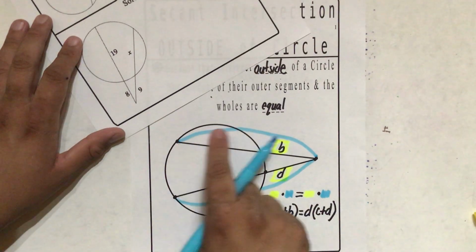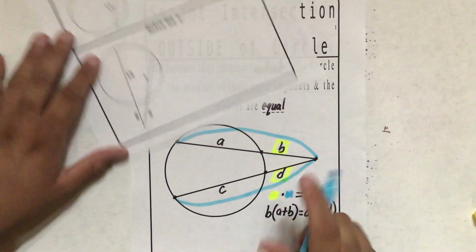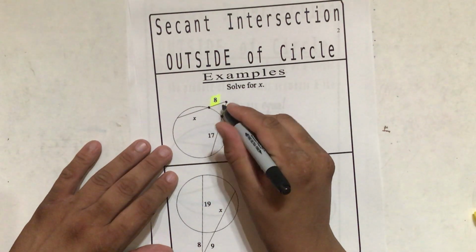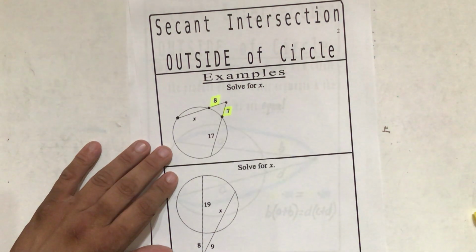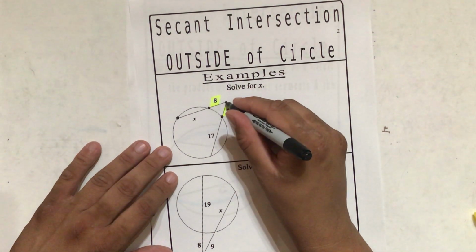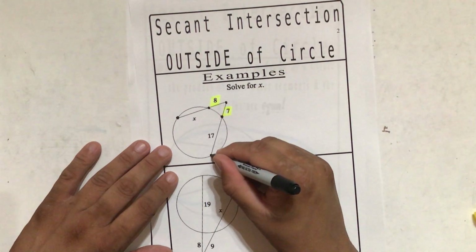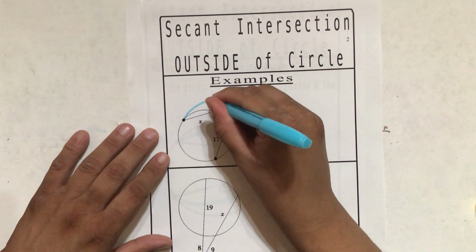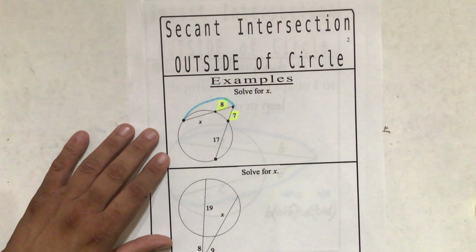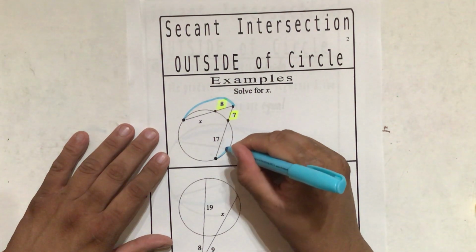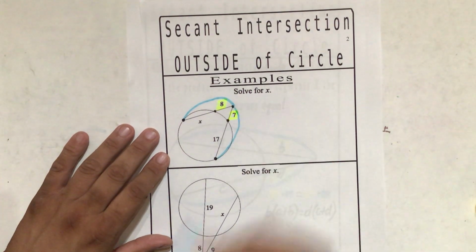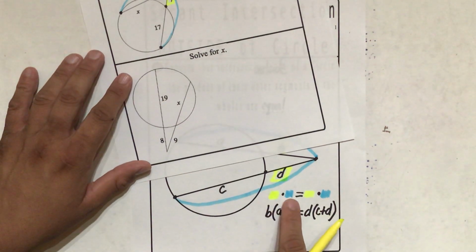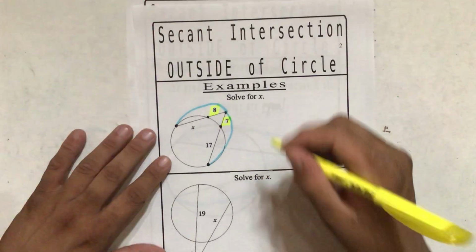Now, what is the whole thing, right? Well, the whole thing on this top secant is from this point all the way to that point. And the whole thing of this secant is this point all the way to that point. So remember, it's yellow times blue is equal to yellow times blue, right?